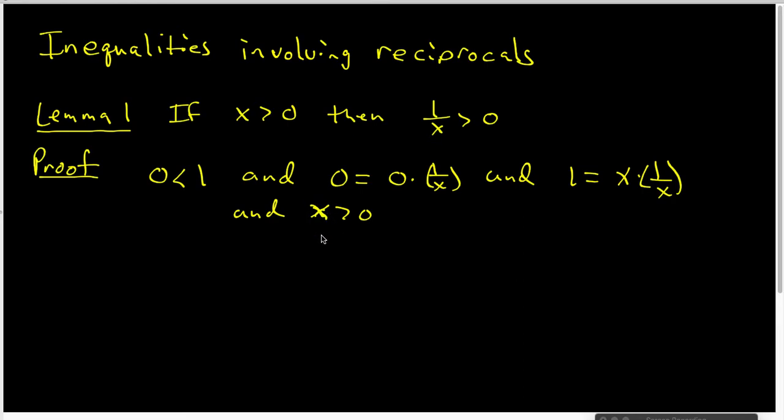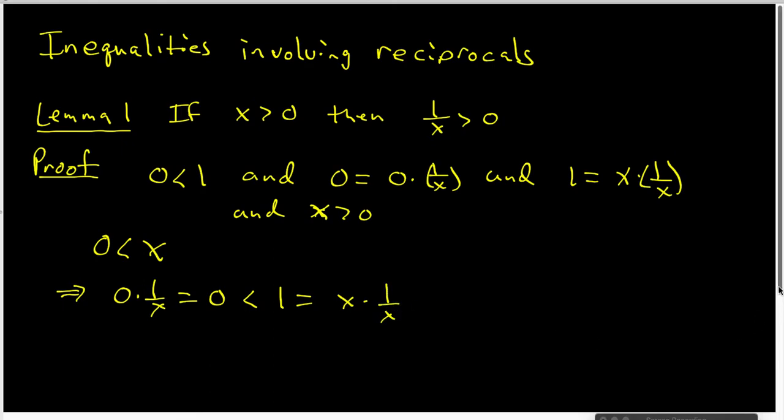So I actually want to start with the inequality 0 is less than x, and multiply this inequality by 1 over x, and we get 0 times 1 over x, which is 0, is known to be less than 1, which is x times 1 over x.